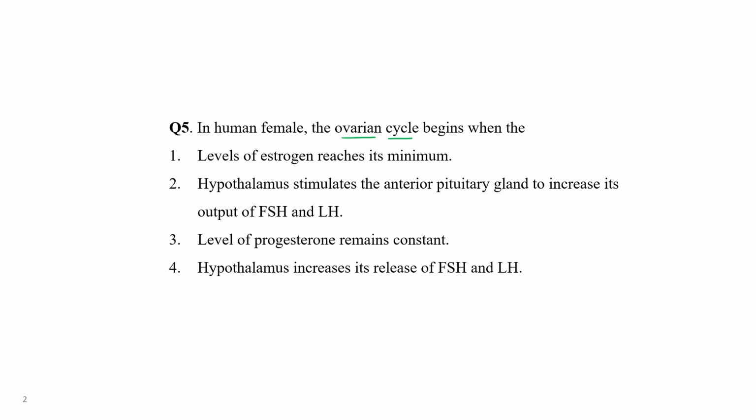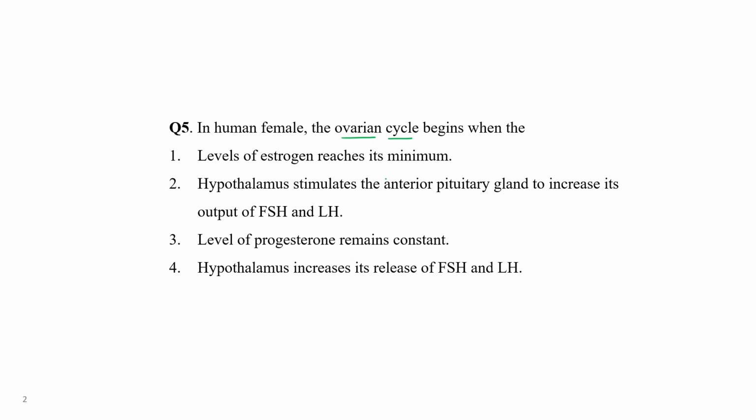Time is up now. Let's discuss the answer. This ovarian cycle is under control up to a particular age, the puberty stage, right? At this stage, 12 to 13 years, the hypothalamus stimulates gonadotropin hormone.